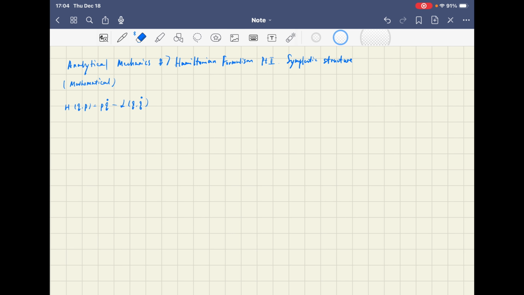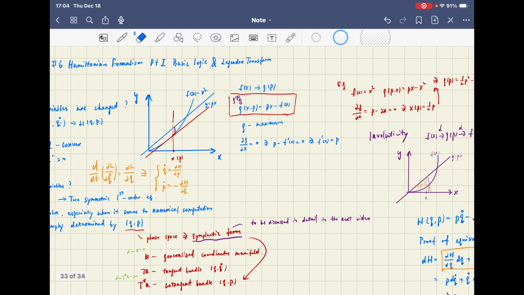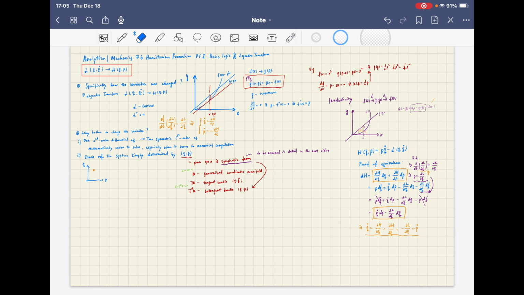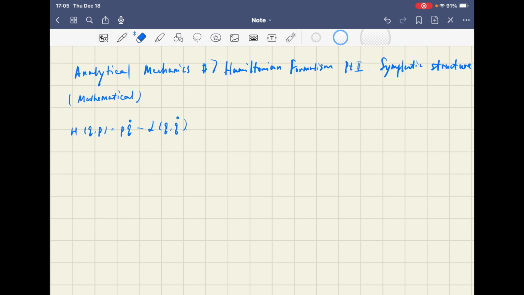Okay, so in my previous video, we talked about the basic logic of Hamiltonian formalism. What is Hamiltonian formalism? It's just a change of function from Lagrangian function to Hamiltonian function, and what comes along with it is the change of the equations from the Lagrangian equations to Hamiltonian equations. So the core change is the change of the independent variables.